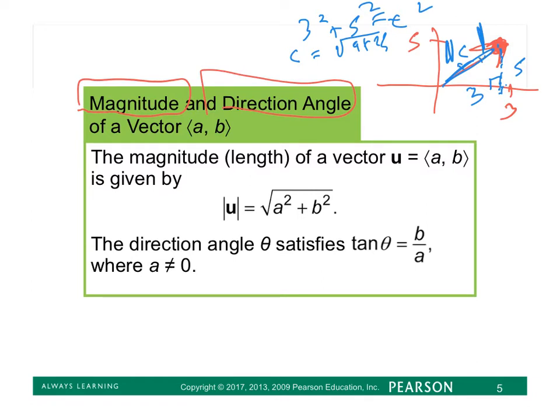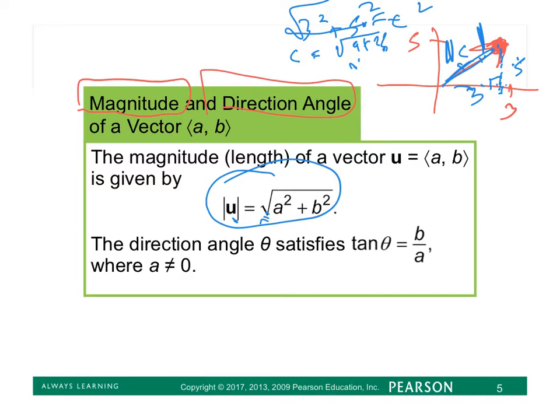There are other symbols that other books have used; this is what our book is doing. It looks exactly like what I just did: the square root of a squared plus b squared. So the magnitude of vector u is nothing more than using the Pythagorean theorem on the two sides of the triangle that get created.